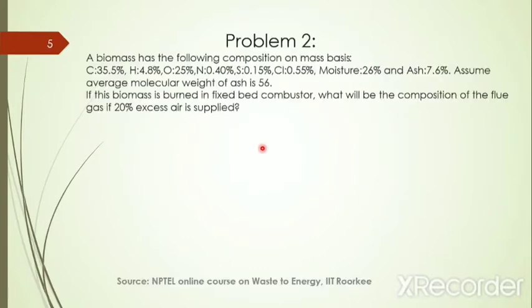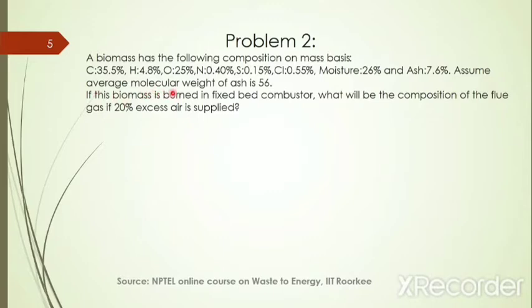Now we have to solve another problem. A biomass has the following composition on mass basis: carbon 35.5, hydrogen 4.8, oxygen 25, nitrogen 0.4, sulfur 0.15, chlorine 0.55 percent, moisture 26 percent, and ash 7.6 percent.